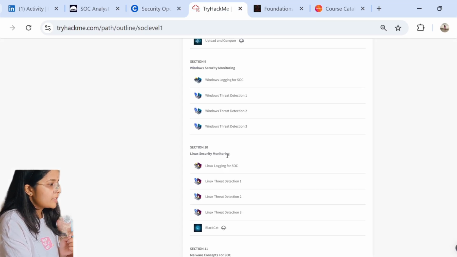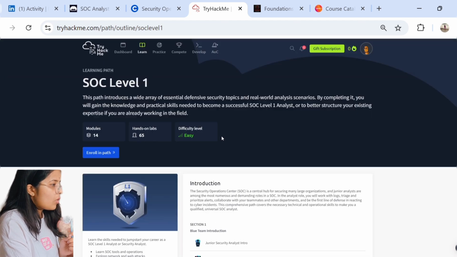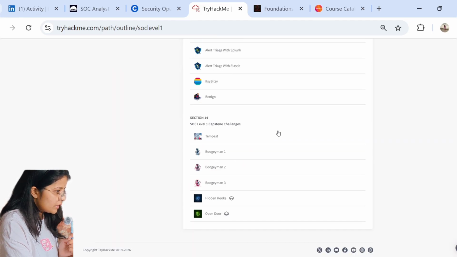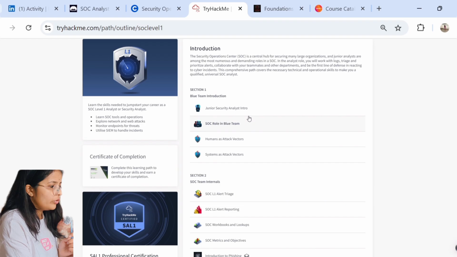Yeah. Next is TryHackMe's SOC Level 1. It contains 14 sections, and each section has 4 to 5 different modules.